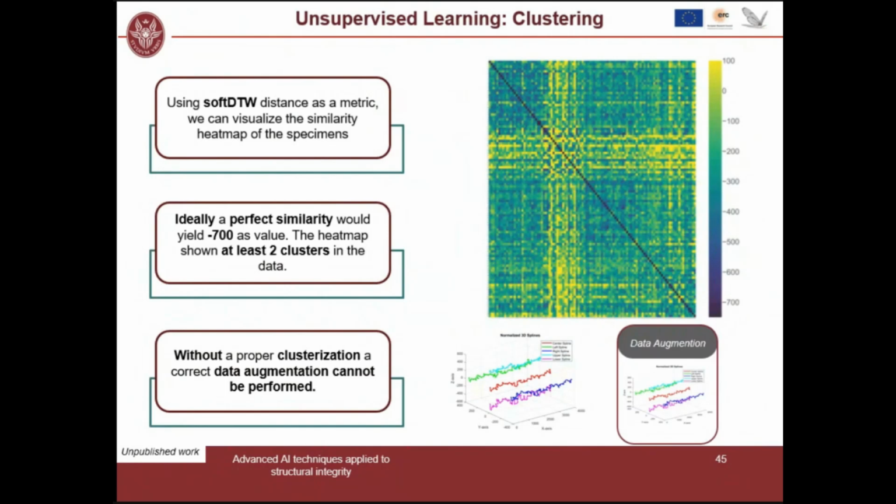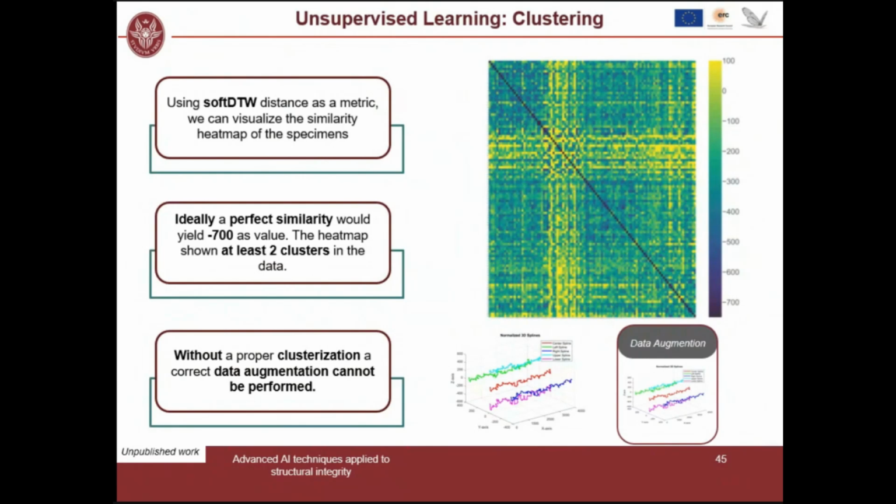So even if you have a curve that is the same curve but shifted, for example a sine wave and another sine wave shifted by only a small period, the soft DTW loss function gives you a very small value, because it sees that your two sequences are similar to each other.